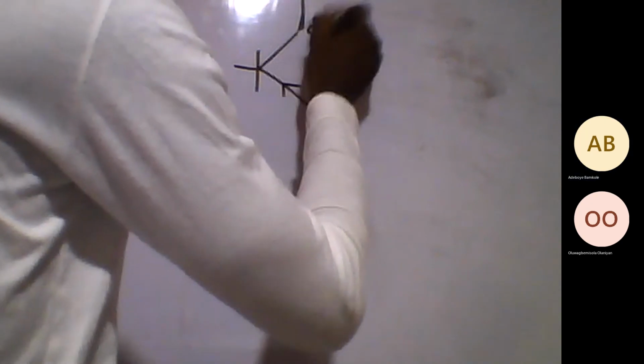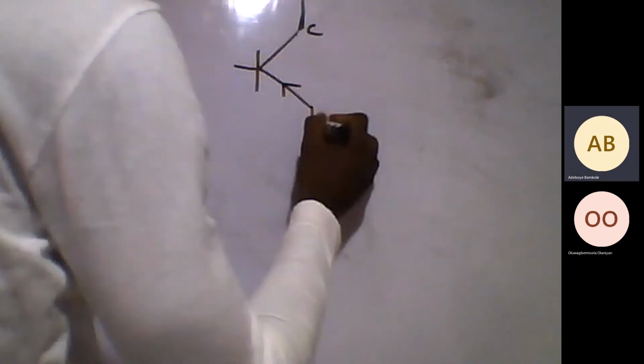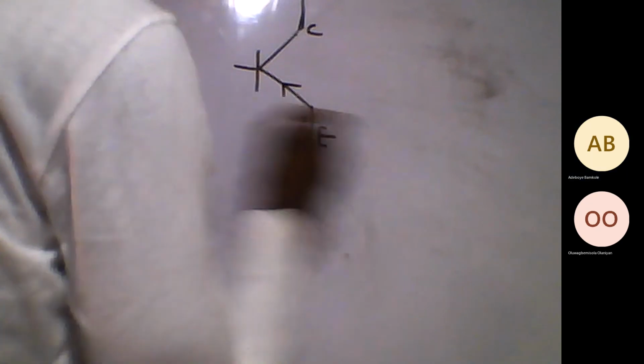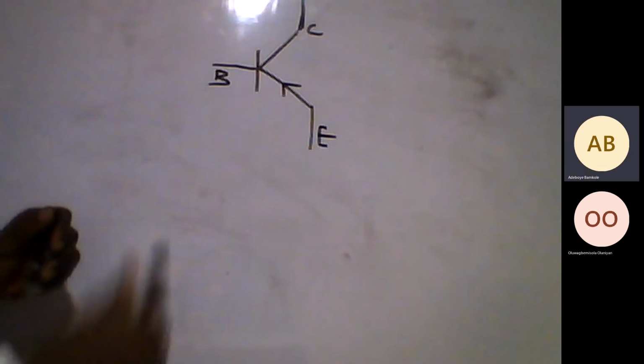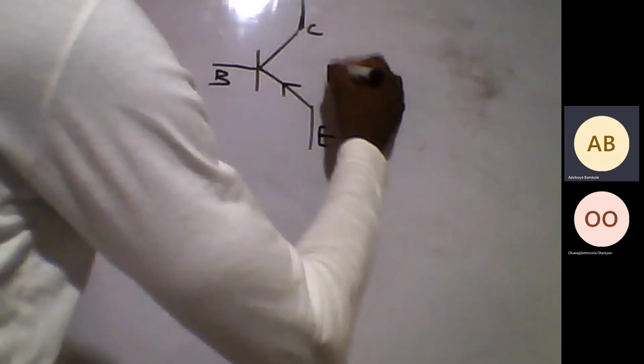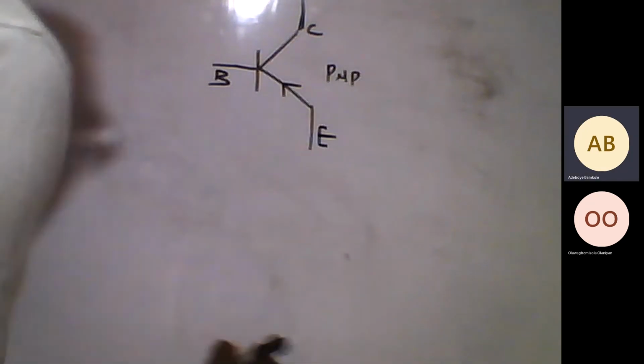This is your collector. This is your emitter. This is your base. All right.